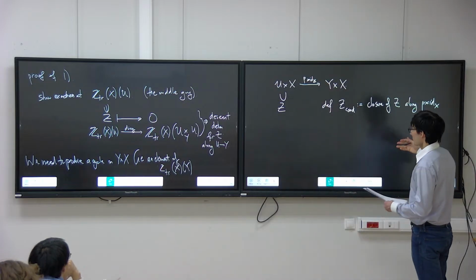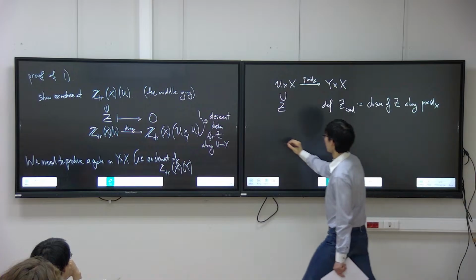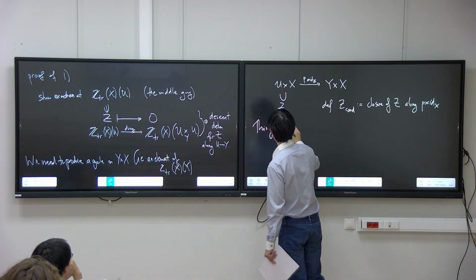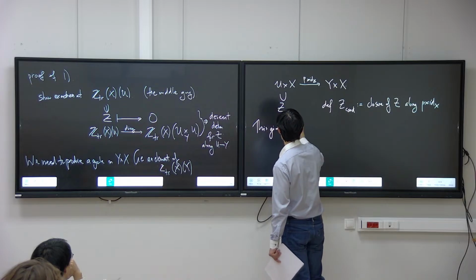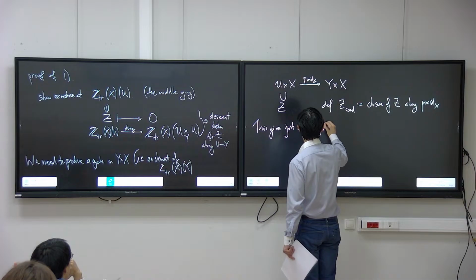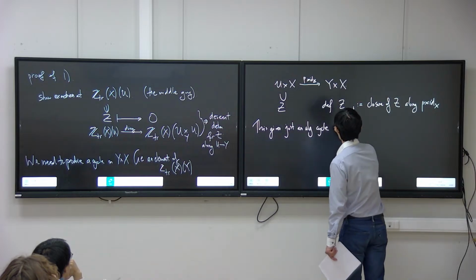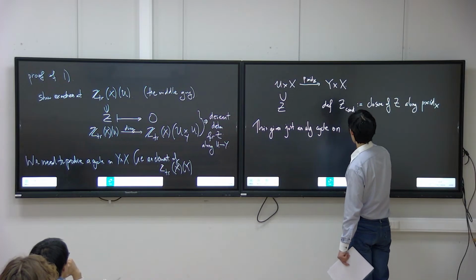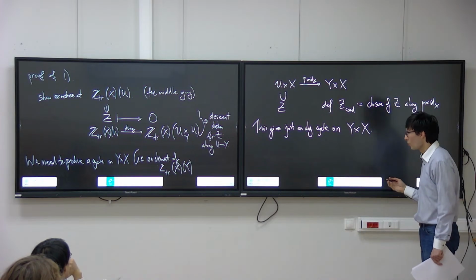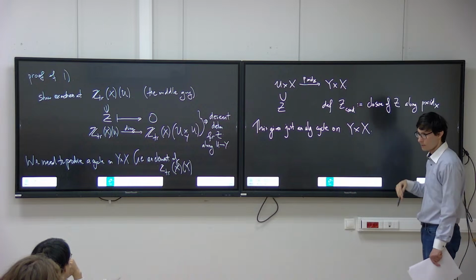This gives us an algebraic cycle on y times x, but a priori we don't know whether it's a finite correspondence.